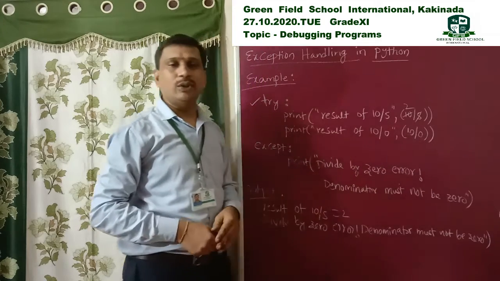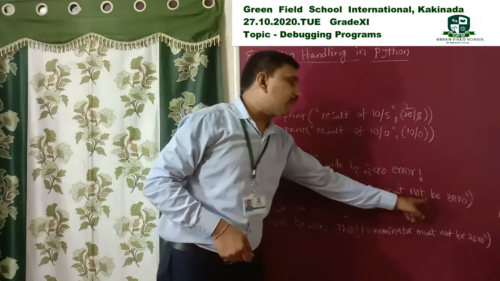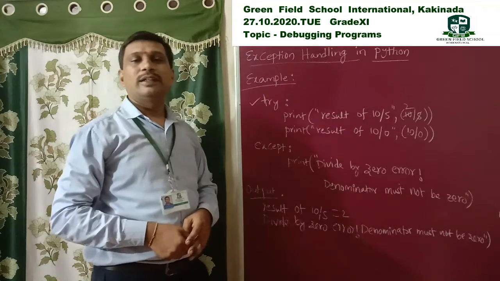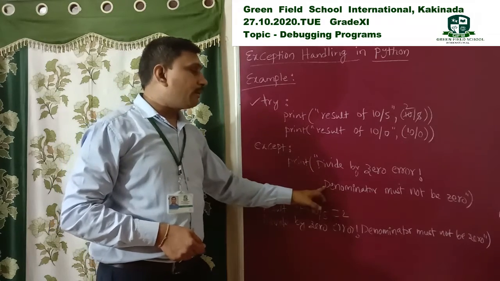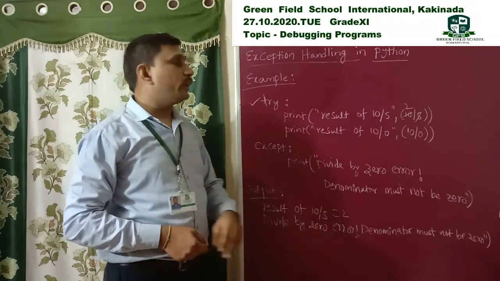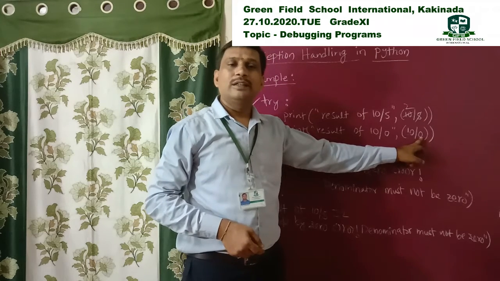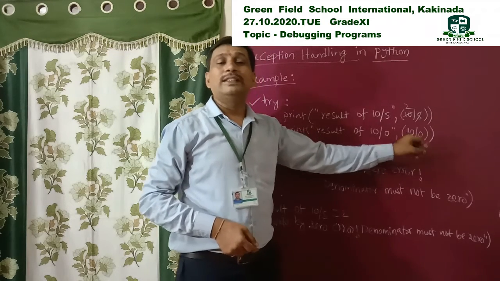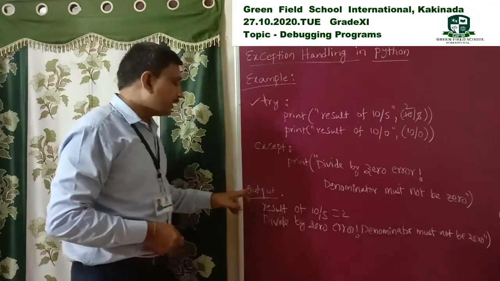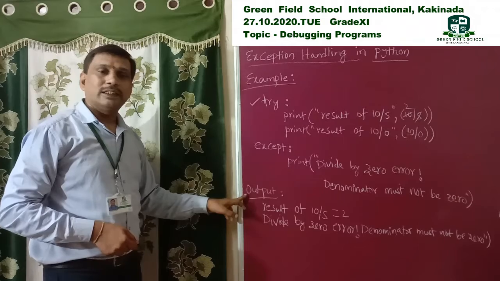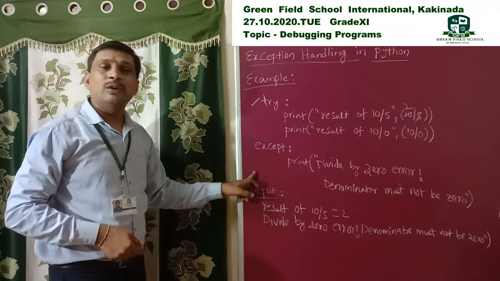Denominator must not be 0. We cannot divide any number by 0, it is an error. That displays this message. That's why the output shows this when you execute this exception handling code.